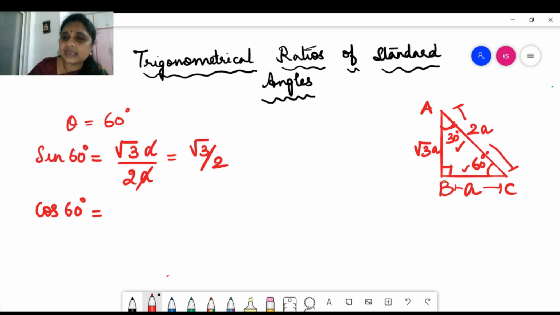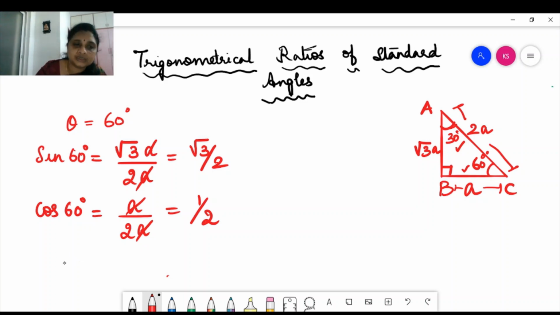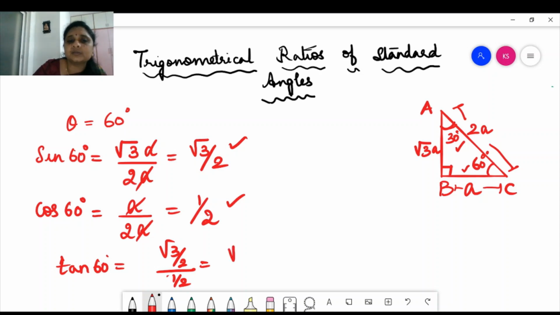So the adjacent side is BC that measures a, by the hypotenuse that measures 2a. So when I cancel and simplify, I get 1 by 2. So cos 60 is 1 by 2, and then tan 60 value is the ratio between these two. So I have root 3 by 2 divided by 1 by 2. That's nothing but root 3 by 2 into 2 by 1. I multiply by the reciprocal of the denominator and I get a value of root 3.